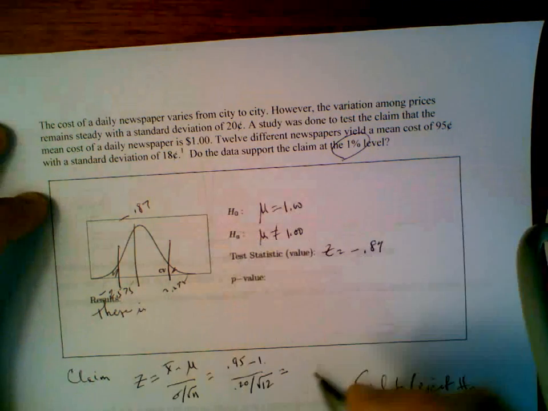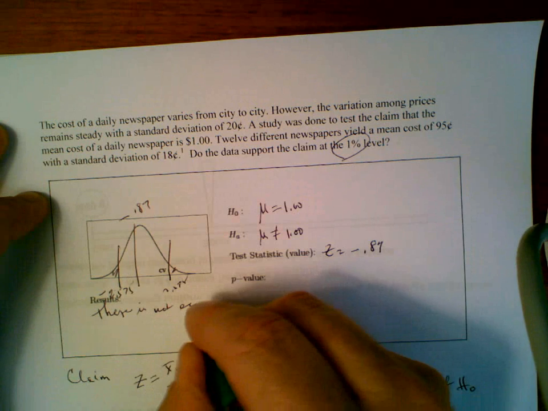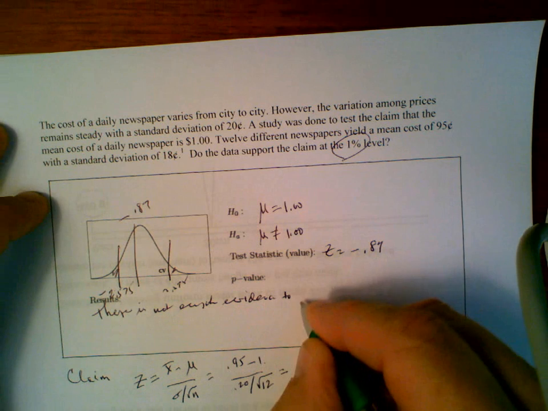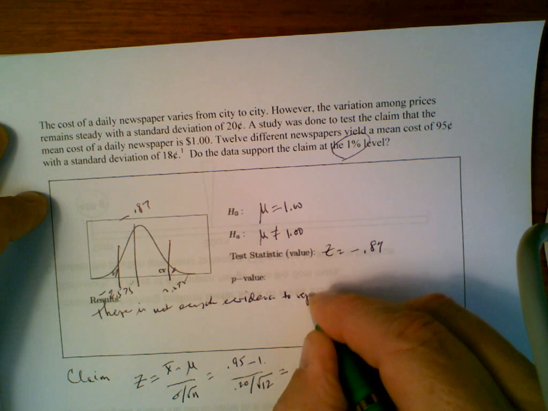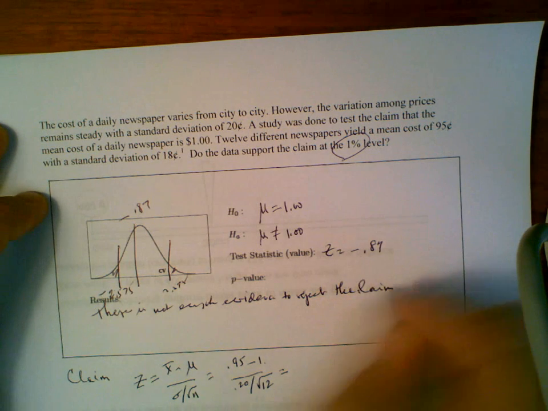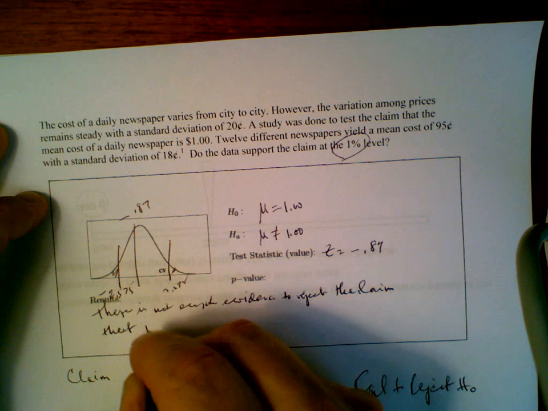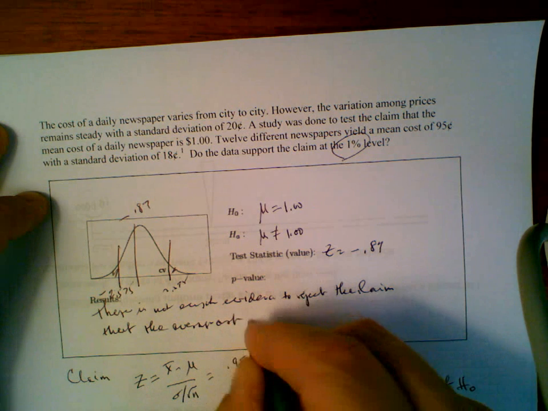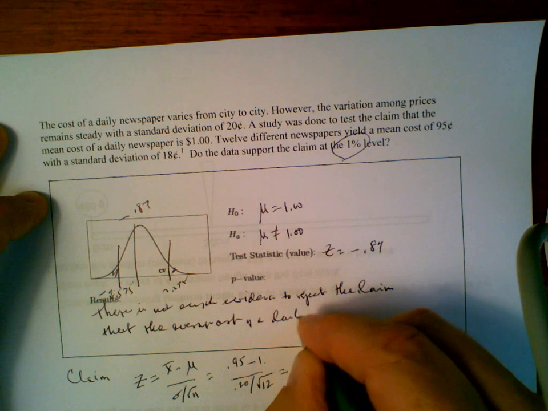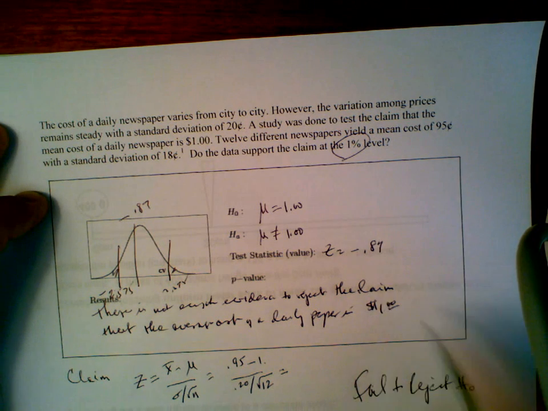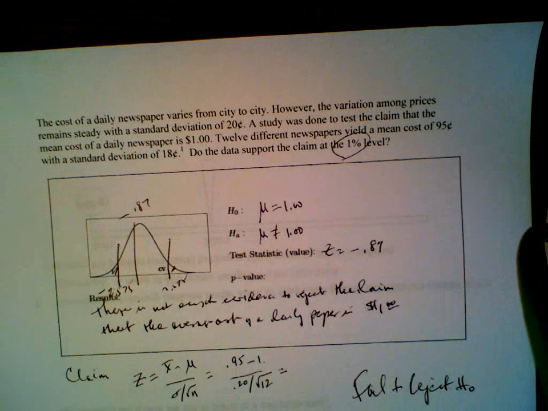There is not enough evidence to reject the claim, C-L-A-I-M, the claim that the average cost of a daily paper is $1. I don't expect you to read my writing. That's okay. That's the results of the test.